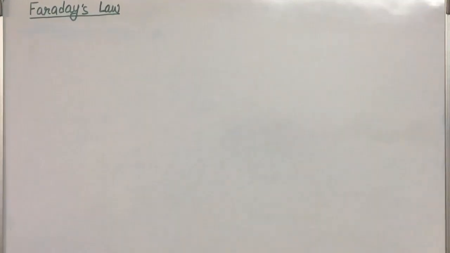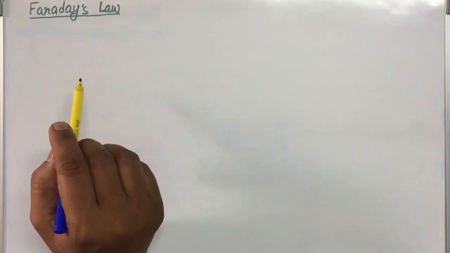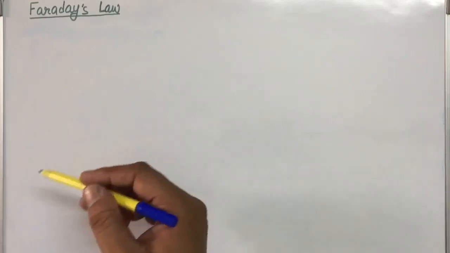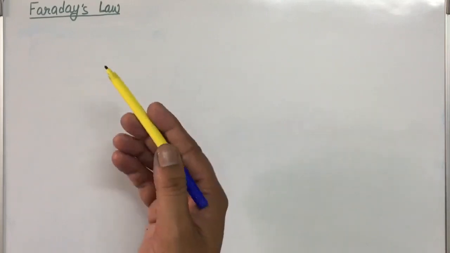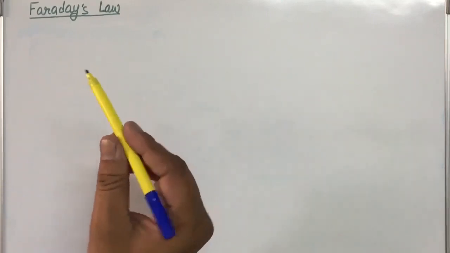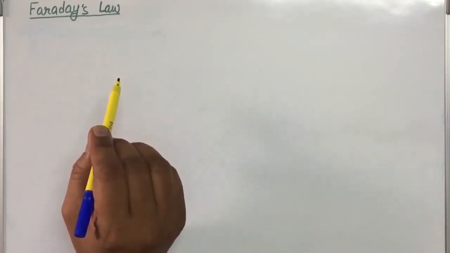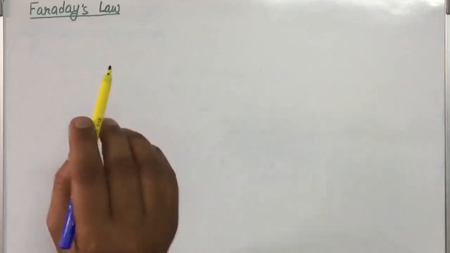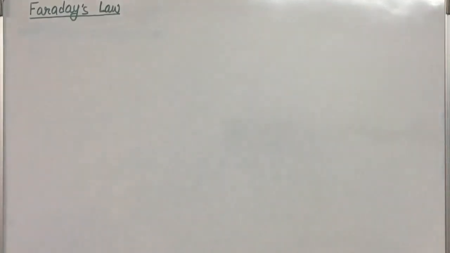There will be certain cases where EMF will be induced. The first one is the transformer EMF, where we apply a time varying magnetic field. That is, the time varying magnetic field is possible by applying a time varying source, and we will see how EMF will be induced. And the second case of induced EMF is motional EMF, that is due to the movement of the loop with some velocity in a magnetic field. So both of them we will see one by one.